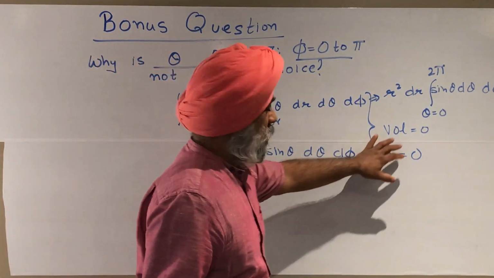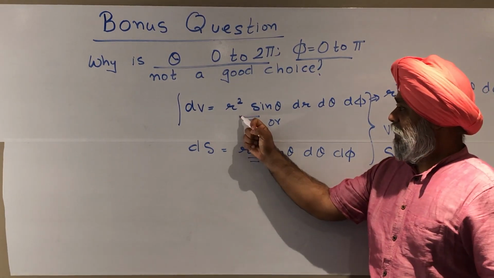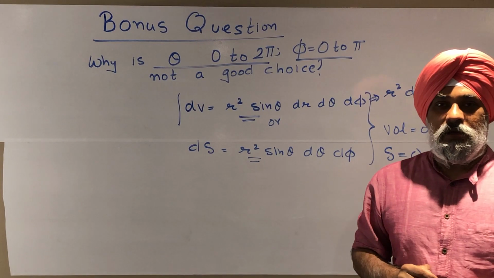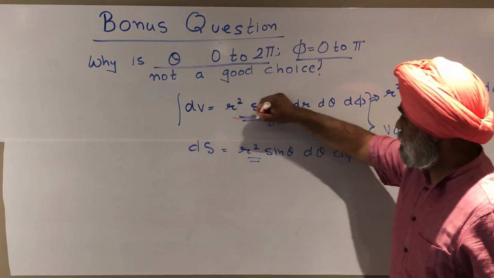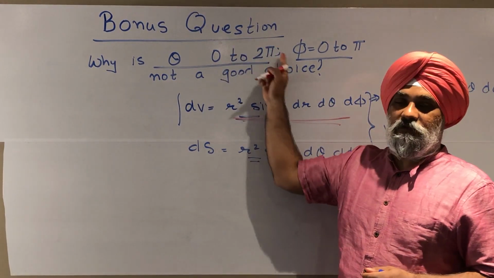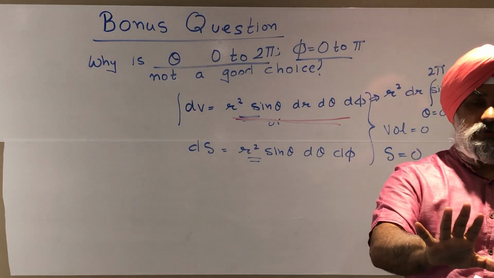Yes, absolutely, you're going to get volume equal to 0 and surface area equal to 0 if you use this element and have theta 0 to 2 pi. But all that is telling you is that this differential element is not correct if I want to go over that range. That's all it is telling you.